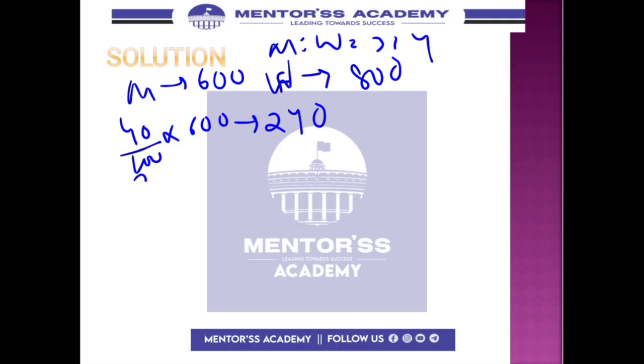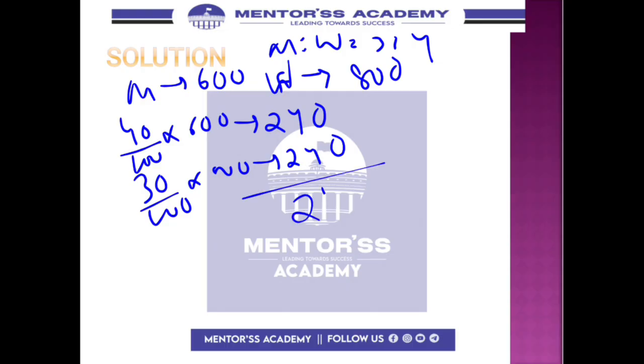And 30% of 800 would be 240 again. So the total married couples are 240: 240 men and 240 women are married.